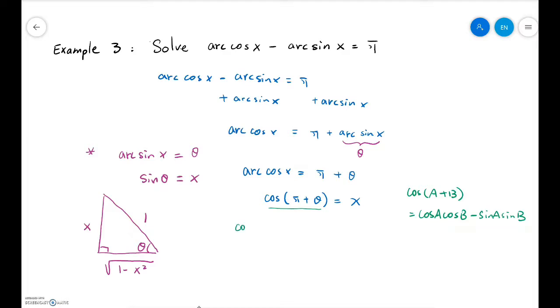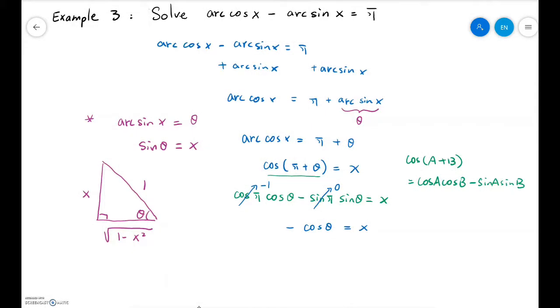So I get cosine of pi times cosine of theta minus sine of pi times sine of theta equals x, where cosine of pi equals -1 and sine of pi equals 0. So I end up with negative cosine of theta equals x. Remember we're talking about the right triangle here on the left.